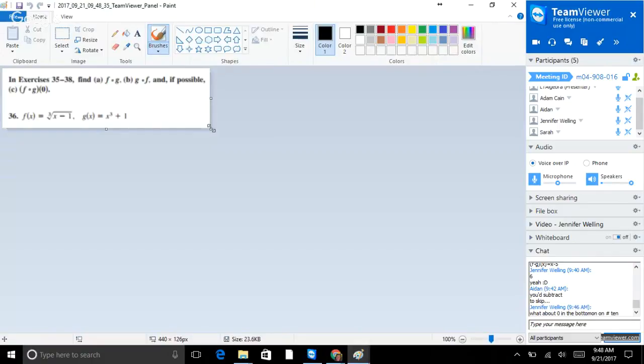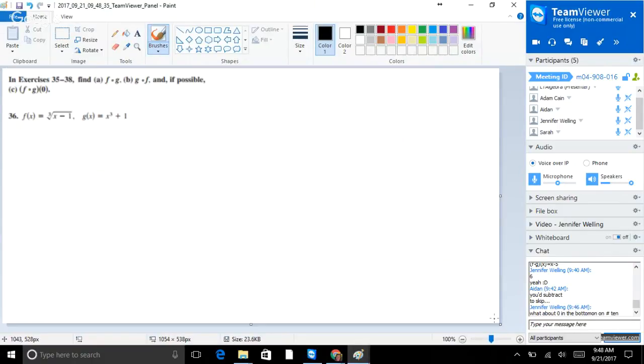Okay. So we have, in these exercises, find f composed with g, g composed with f, and if possible, f composed with g at 0. Have you guys done compositions before?